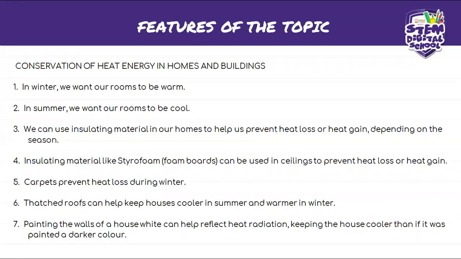Okay. Now then also looked at what? Conservation of energy in homes. So we said in winter we want our homes to be warm, and also in summer we want our rooms to be cool. So we need to what? Conserve energy. We can use insulating materials in our homes to help us prevent heat loss or heat gain. Okay. And then we said insulating materials like shoes in winter, we wear them so that the winter boots are a typical example mostly at home.